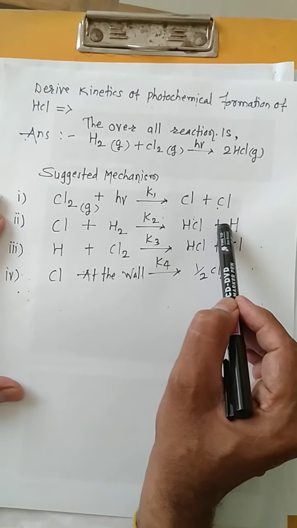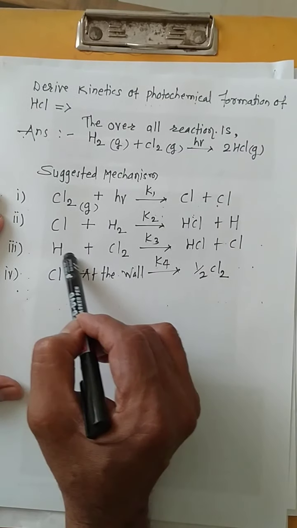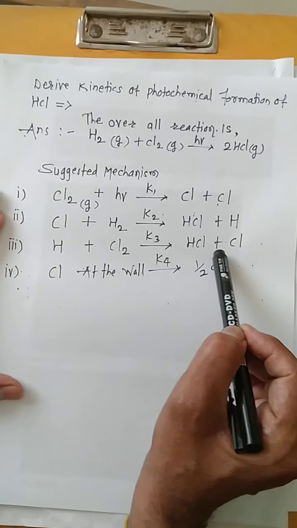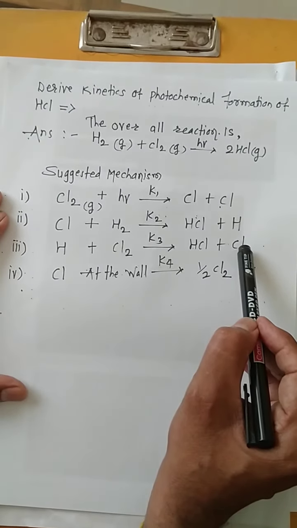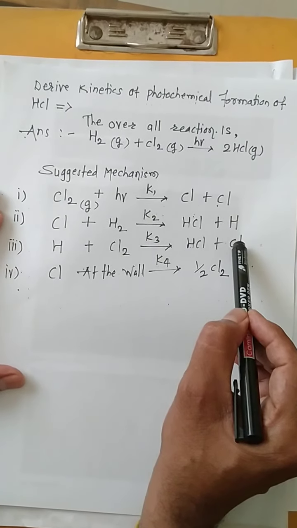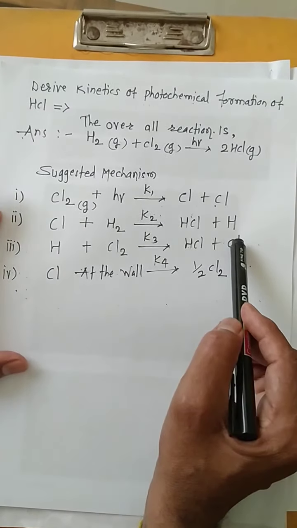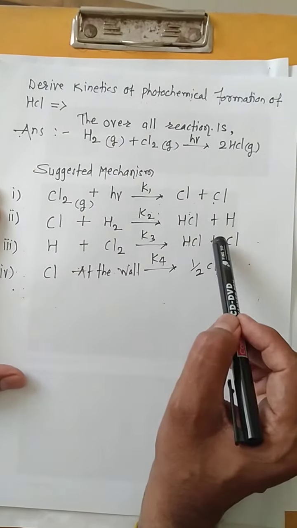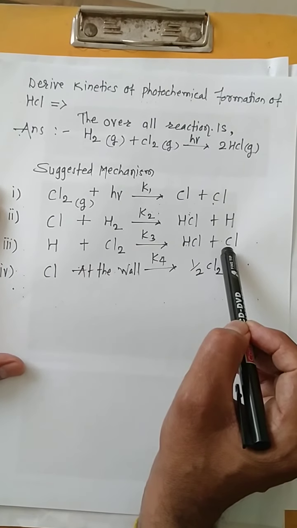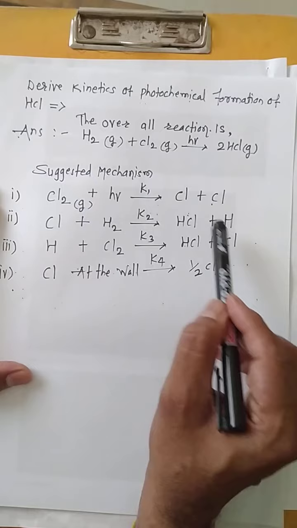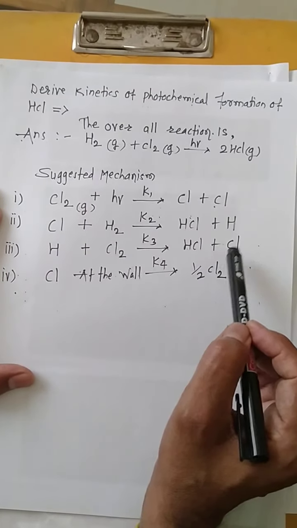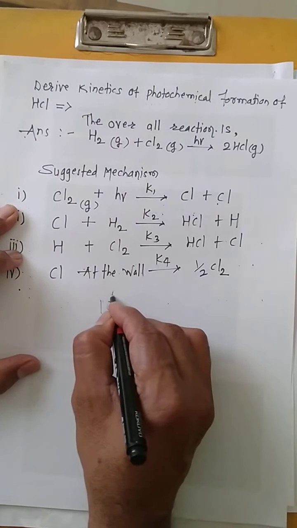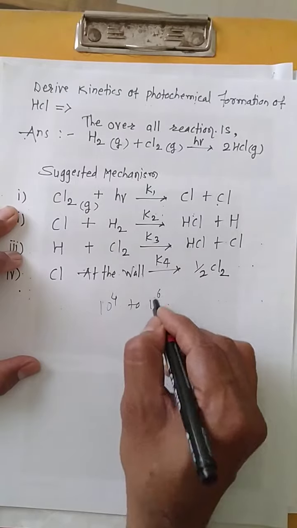Now this reactive species again reacts with chlorine gas to form HCl gas plus chlorine, the reactive species. This is the typical example of chain reactions, where the reaction is carried out in a number of series of steps, and the quantum yield of this reaction is very high, 10 to the power 4 to 10 to the power 6.